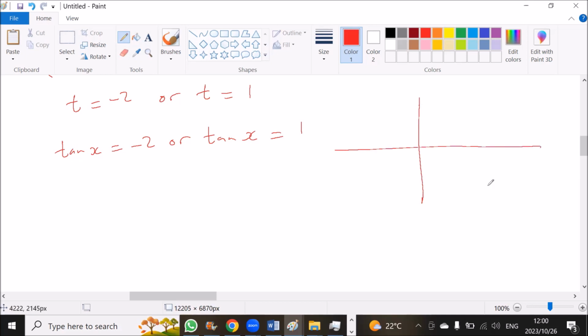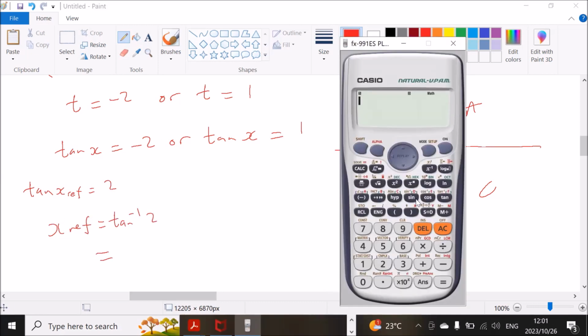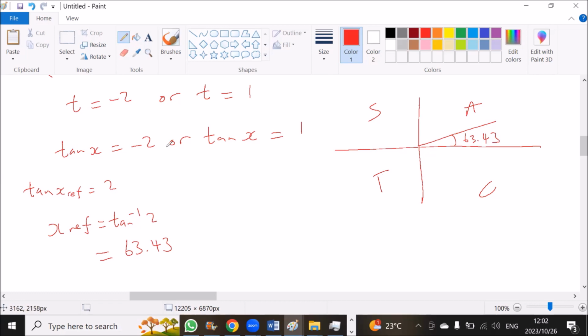Now we use our CAST diagram. For tan x is equal to minus 2, we can say tan x ref is equal to 2. x ref is equal to arctan 2, which will give us 63.43 as our reference angle here.